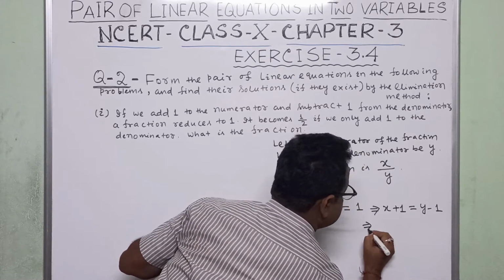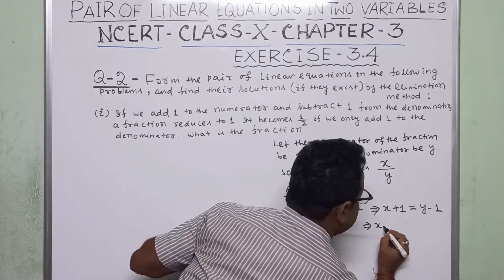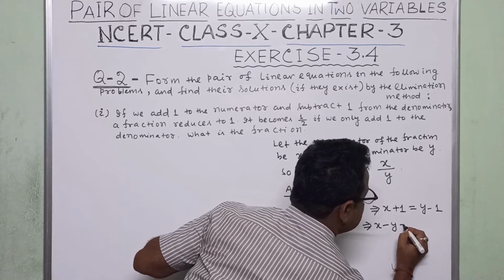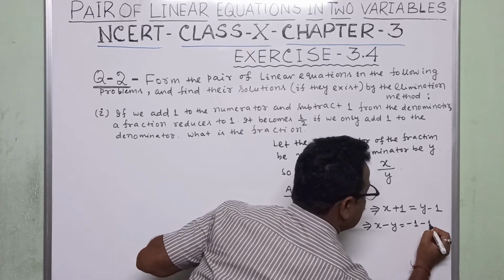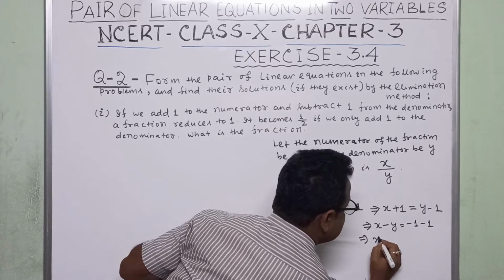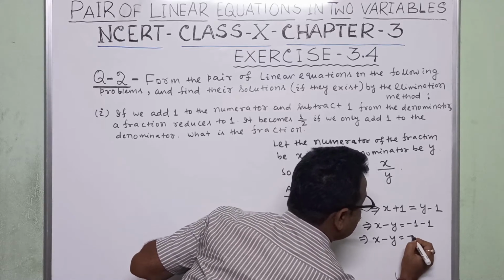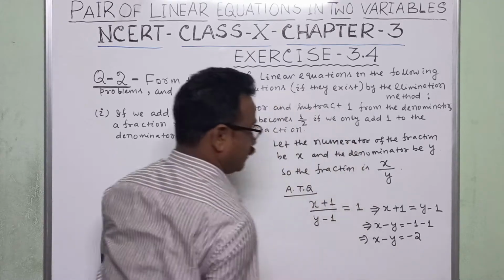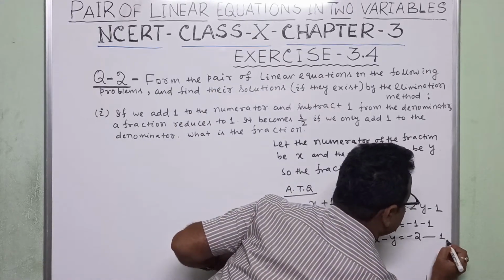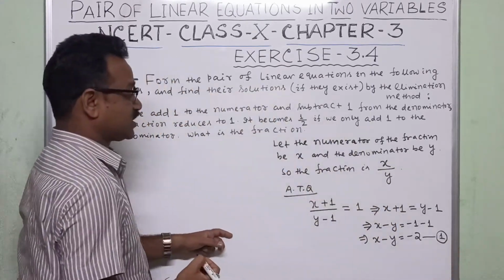That implies x minus y is equal to minus 1 minus 1, so x minus y is equal to minus 2. This is your equation number 1.